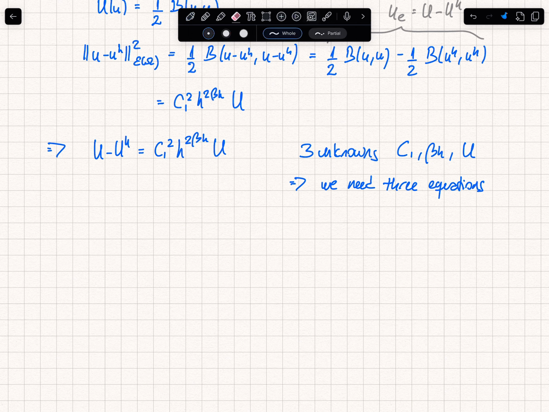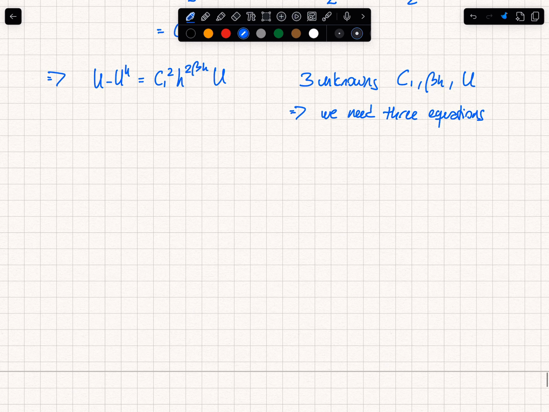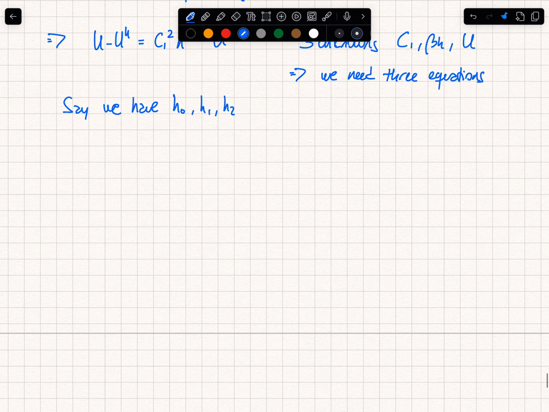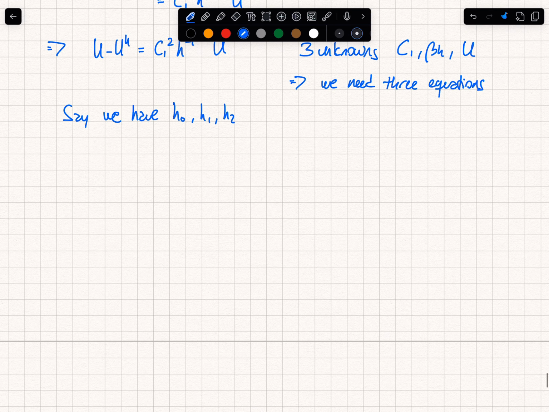Well, let's take a look. We know, for instance, that H is something that we know, right? And with an H, there is going to be an associated UH. So what can we do? Do it multiple times. Exactly. So we take three different values of H, three different mesh sizes, H0, H1, H2. And then we can write this expression three times.